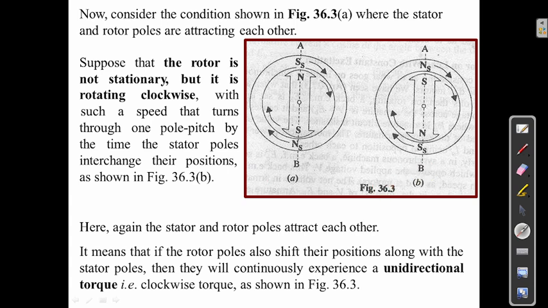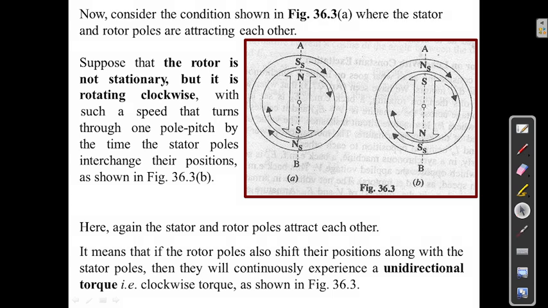If the rotor is not stationary but rotating clockwise with such a speed that it turns through one pole pitch by the time the stator poles interchange their position, here you can see the stator interchanges position again.